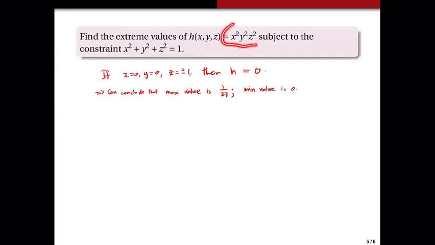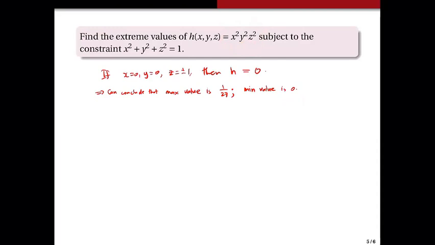Look at this, it is always greater than or equal to 0. x squared times y squared times z squared is positive if they are all positive. If at least one of them is 0, then it's 0. So the min value, it's obvious to be 0.